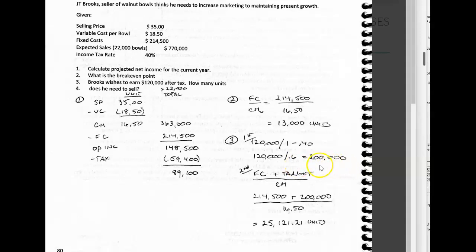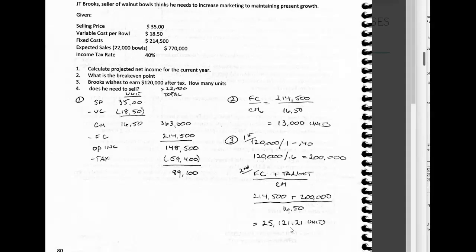We'd have to earn $200,000 in order to earn $120,000 after tax. So I'll take our fixed costs of $214,500 plus the target $200,000, divided by our contribution margin of $16.50, which gives us 25,121.21, or 25,122 units.